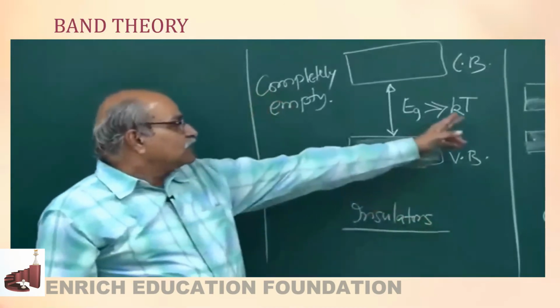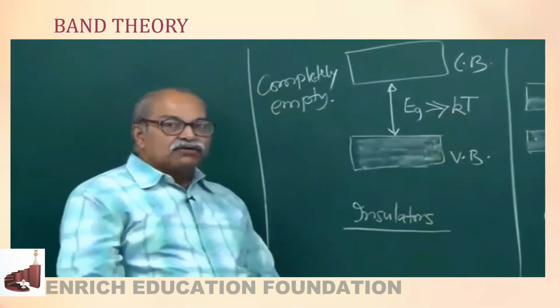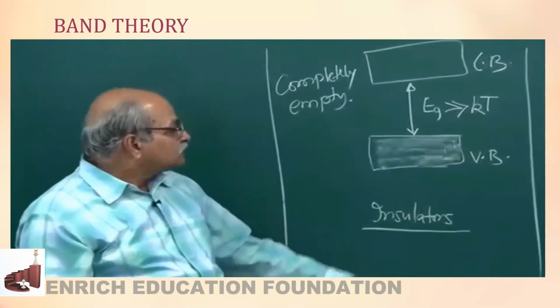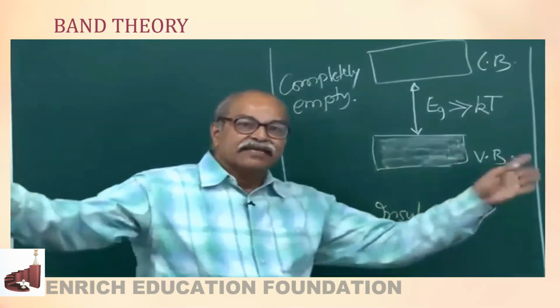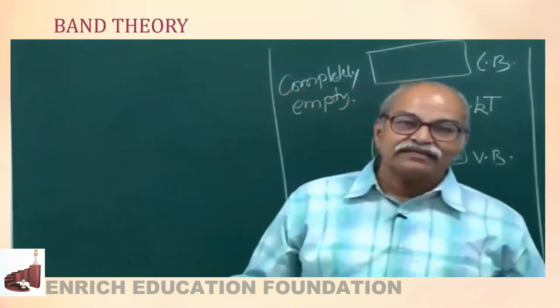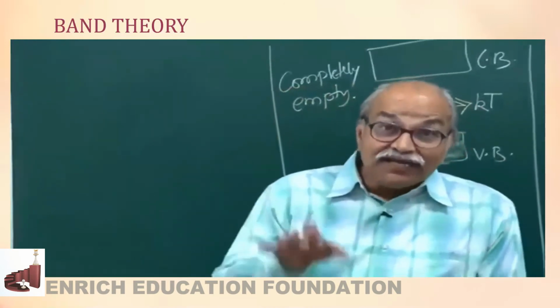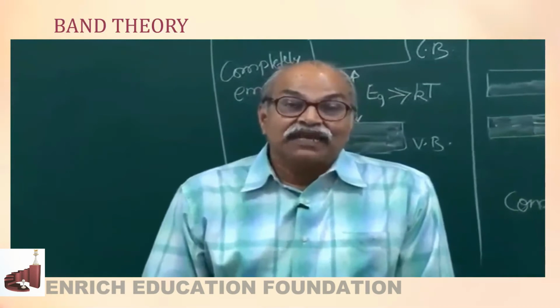Now let's talk about this kT business. As I told you, through thermal interactions, electrons in this lattice keep exchanging energies, and that energy exchange is on the average of the order of kT.